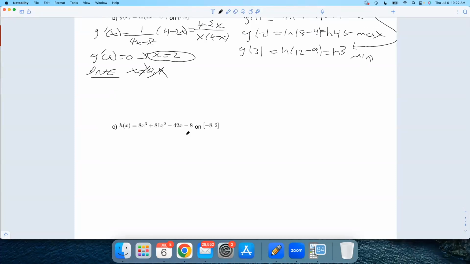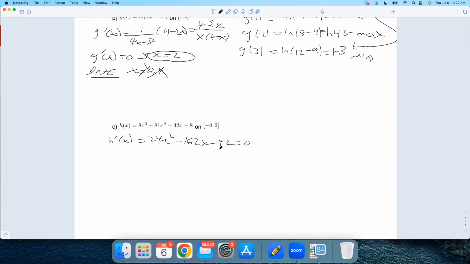All right, let's take the derivative. What do we get? 24x squared minus, oh, we're getting some big numbers here, 162x minus 42. And we want to know where that equals 0.